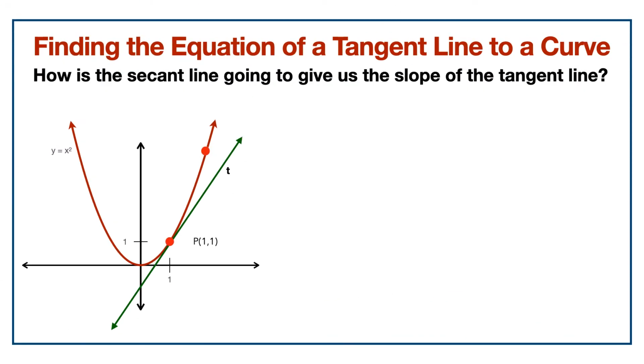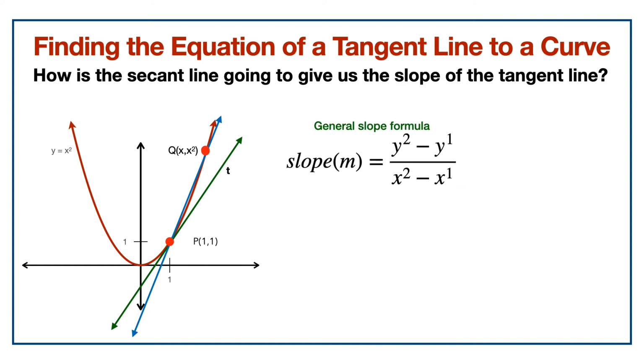Now let's focus on our secant line, the blue line, intersecting our curve y equals x squared at two points. We can easily find the slope of the secant line by substituting our point P and Q's coordinates into the general slope formula shown here to attain the slope of the secant line shown here.